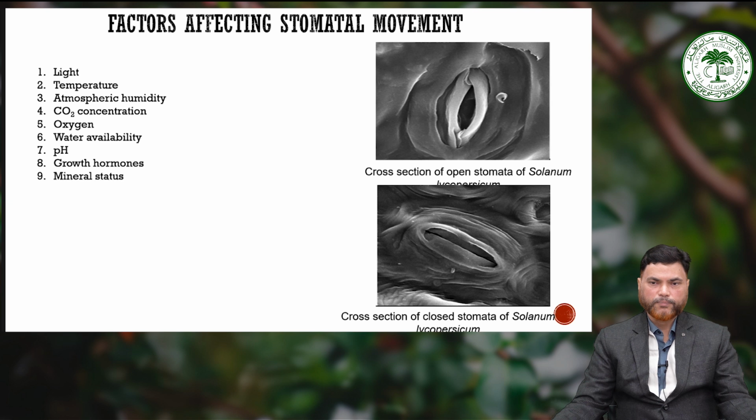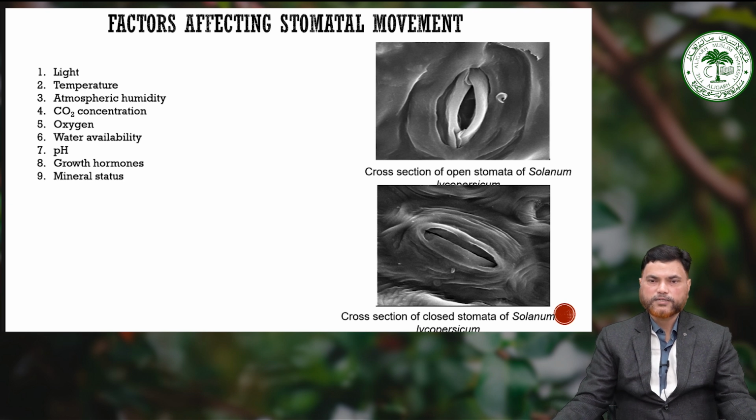ABA is a plant hormone that induces the closure of stomata and is often referred to as stress hormone, because generally the level of ABA increases in response to various environmental stresses like drought, high salinity and low temperature. When ABA level rises, it triggers a signaling pathway that leads to closure of stomata, helping to reduce water loss from the plant and prevent dehydration in the plant.